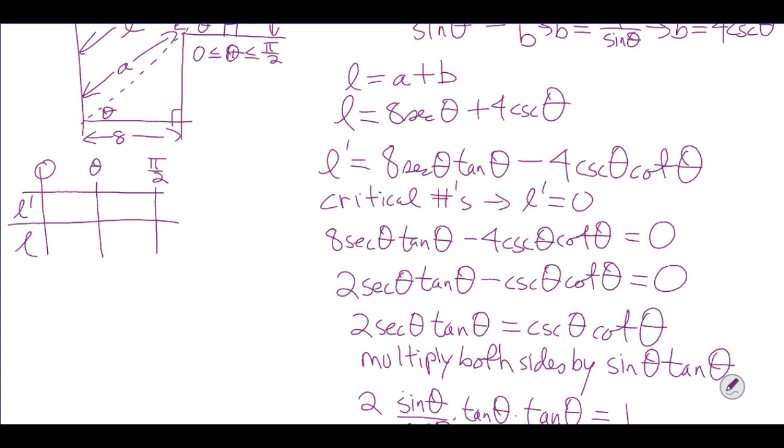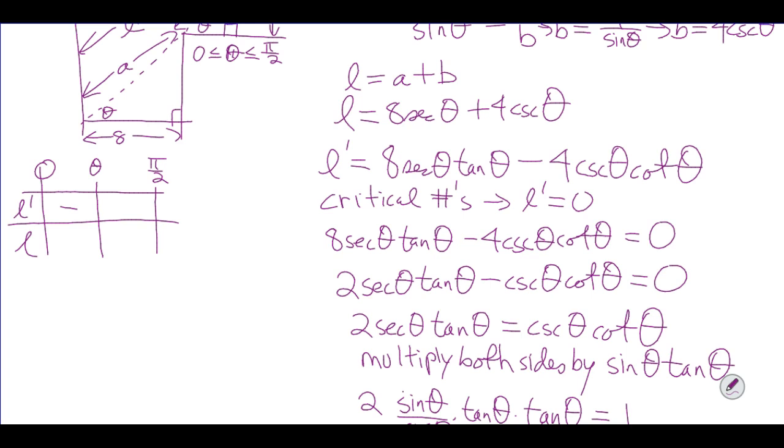Okay, so that's negative. And now, we know theta is somewhere between 0 and pi over 2, so let's go really close to pi over 2. At pi over 2, the tangent is positive infinity, right? Cosine is 0, but we've got 1 over cos.